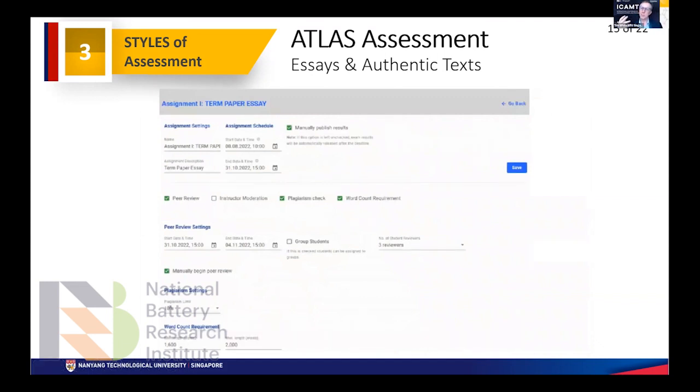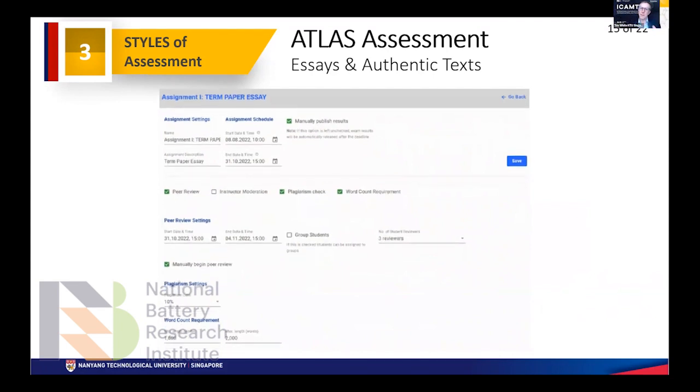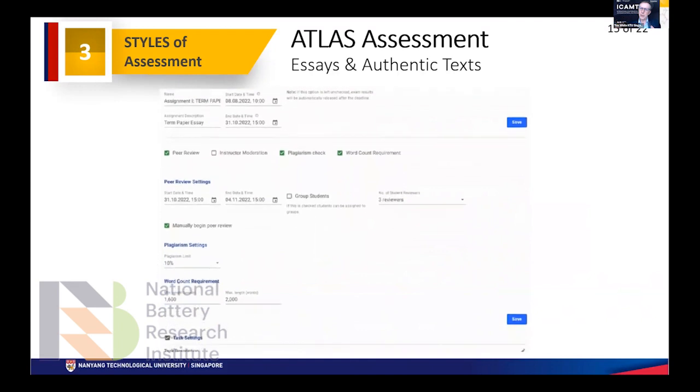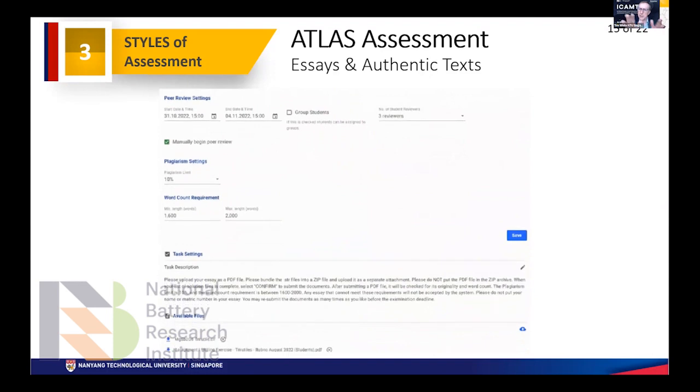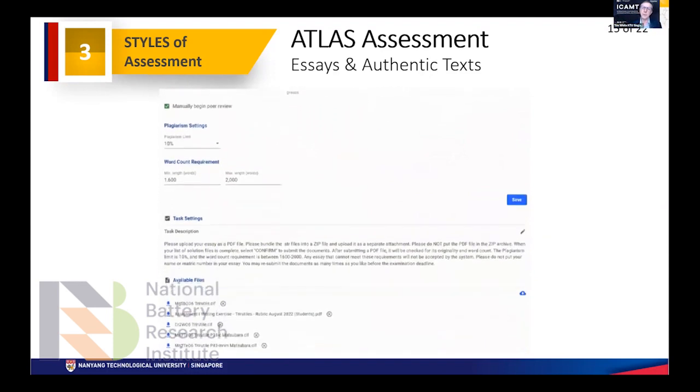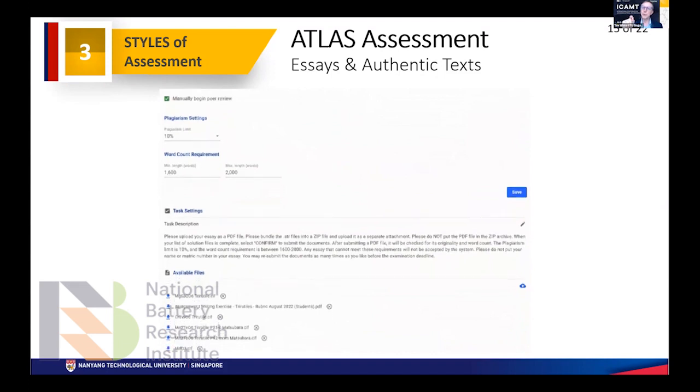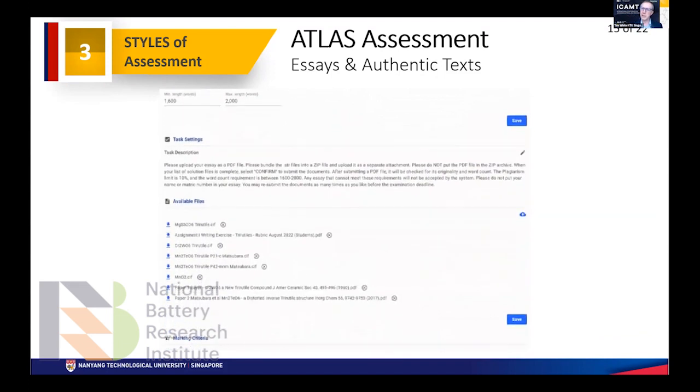And I'm personally a great believer in authentic texts. So even the undergraduate students have to look at scientific papers. And you can create very well-defined rubrics that ensure that the students can write essays against this carefully constructed rubric. But more to the point, we have our students mark other students' essays.